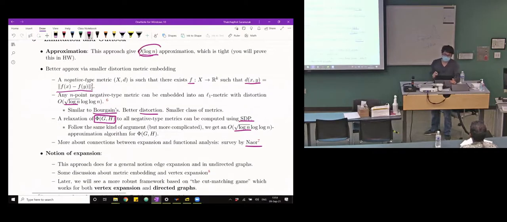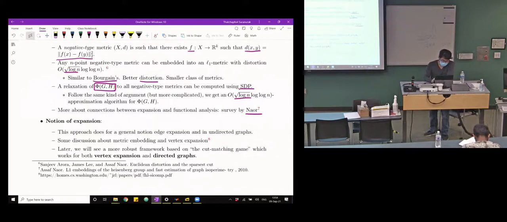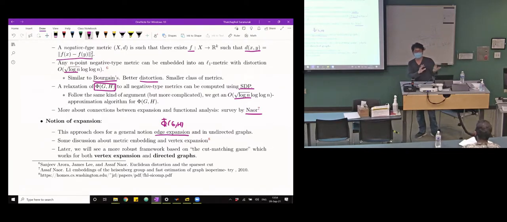What I'm talking about here is a limitation on the log-n approximation. Also, there is some other limitation. Although H expansion is a generalization of conductance, it's a notion about H expansion, not vertex expansion, and also in undirected graphs, right?